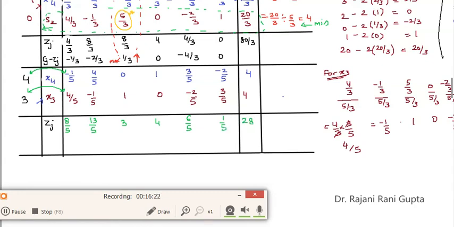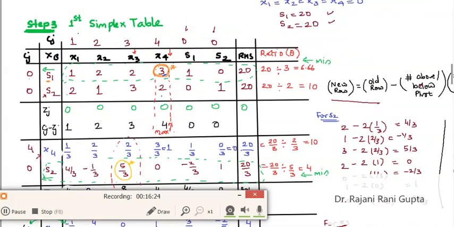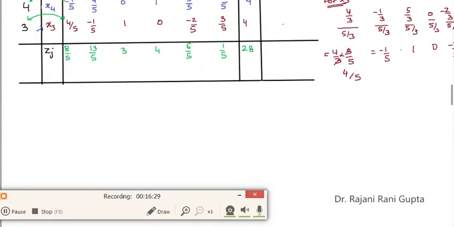Next we calculate Cj minus Zj. Cj is this top row minus Zj. 1 minus 8 over 5 gives you minus 3 over 5. 2 minus 13 over 5 gives you minus 3 over 5. 3 minus 3, 0. 4 minus 4, 0. 0 minus 6 over 5 is negative, and 0 minus 1 over 5 negative.